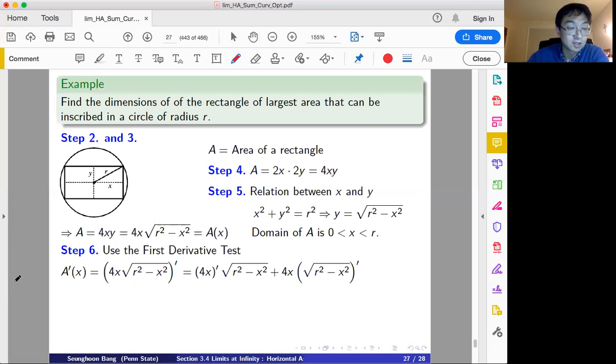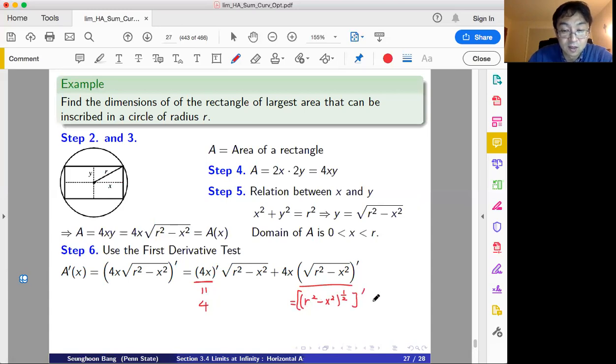So what is 4x prime? Do you know what 4x prime is? Yep, this is a 4. What is the derivative of this one? You can calculate like this: r squared minus x squared to the power 1/2, prime.